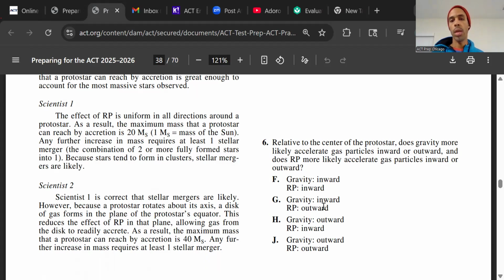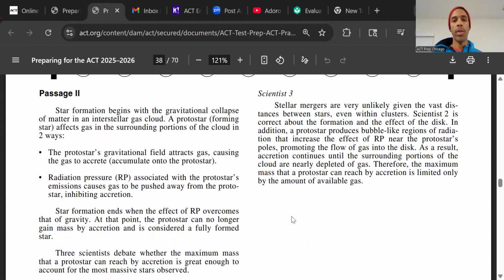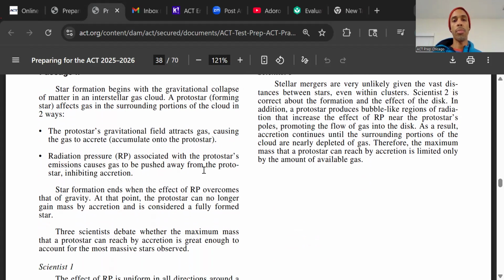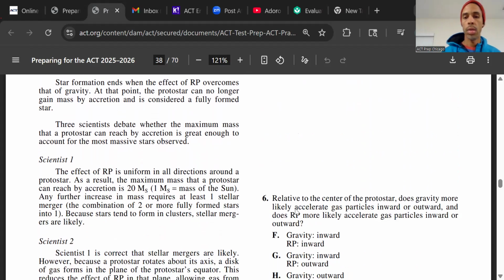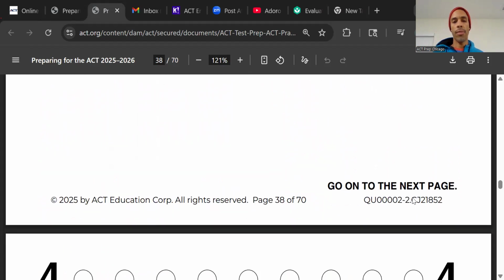That would be G. Gravity attracts gas, causing gas to accumulate onto the star, while radiation pressure causes the gas to be pushed away from the protostar. So gas particles go outward for RP and inward for gravity. That would be G.